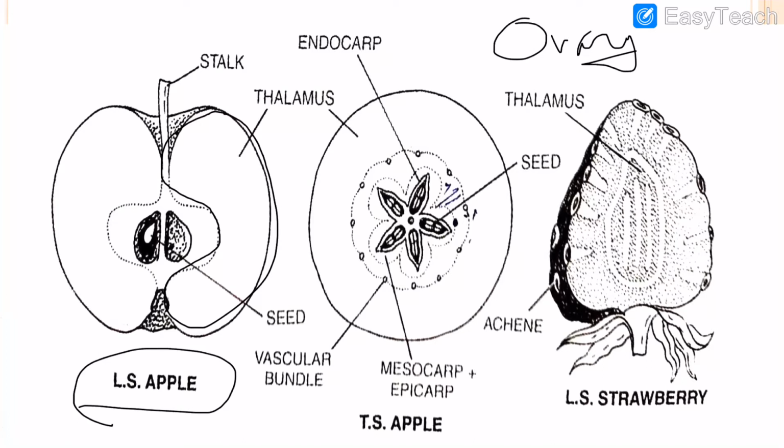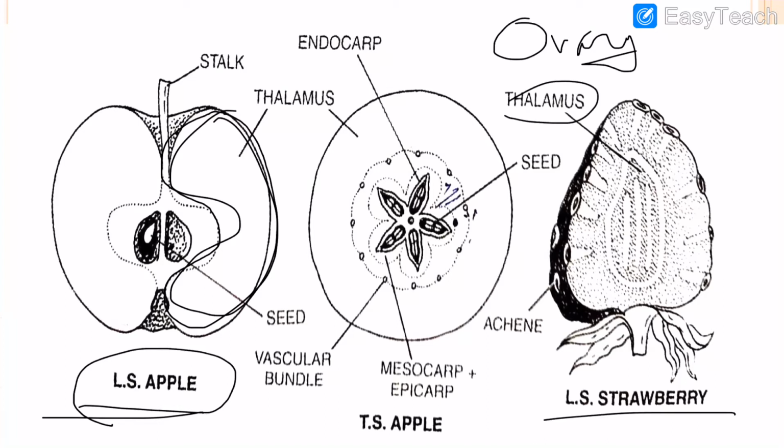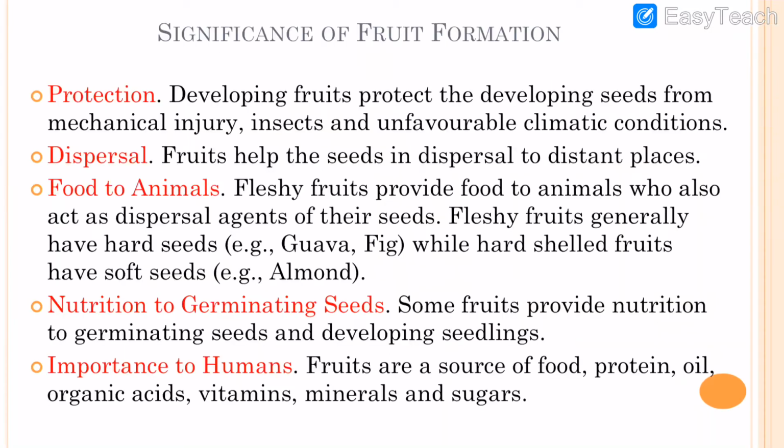But in some fruits, other floral parts like the thalamus are also edible. Therefore the fruits in which the thalamus or other floral parts are edible are known as false fruits. So here the apple is a false fruit. Strawberry is also a false fruit because in strawberry we also eat the thalamus. True fruits are those which are made up of the ovary only.